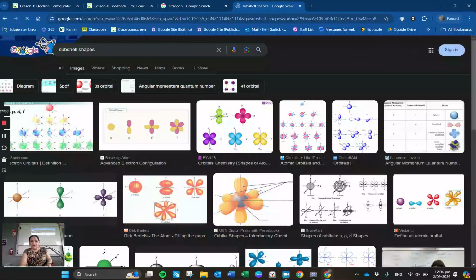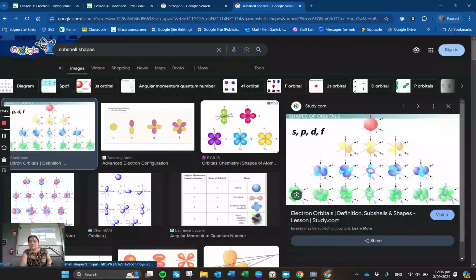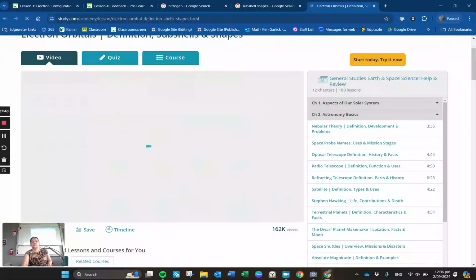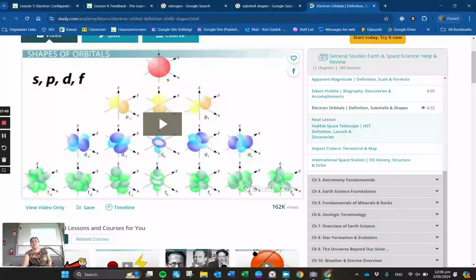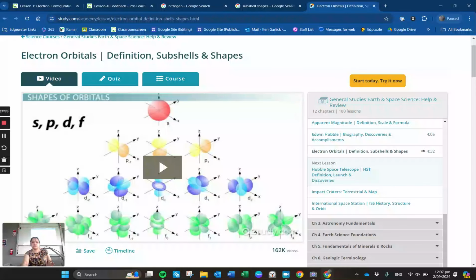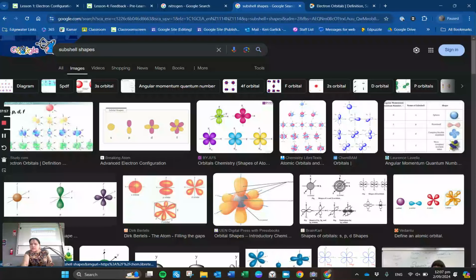So I have this on the image for you guys, but I'll just blow it up a little bit bigger so you guys can see it. Can I just have an image? Select the digital one.